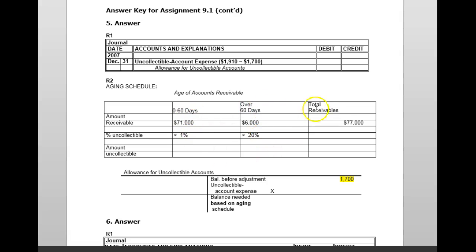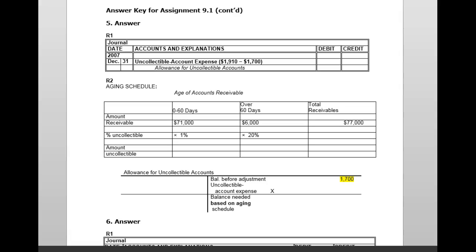And typically this goes out to about 120 days with the percents going up accordingly. So to figure out how much is going to be in your allowance, you would multiply these out and come up with the amount that you would put in the allowance account.